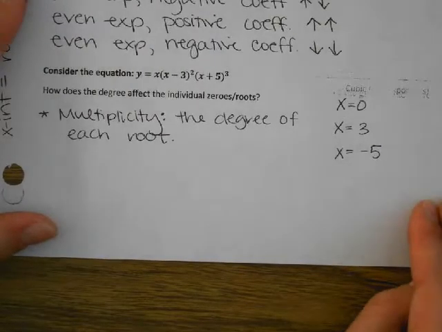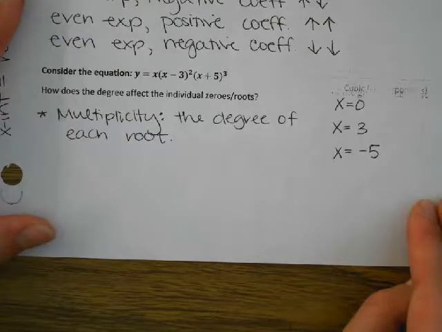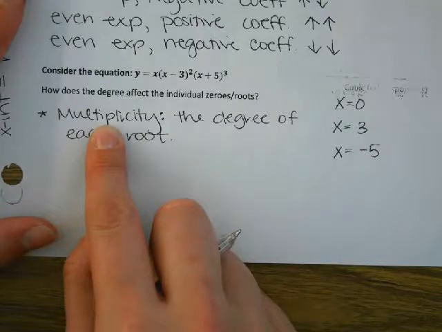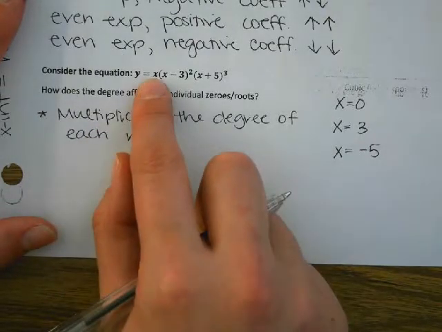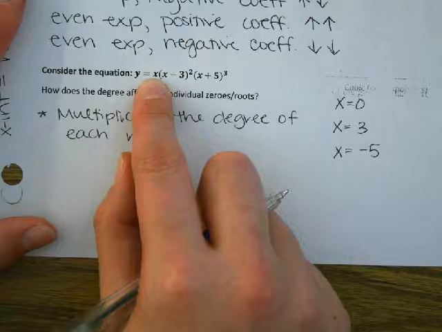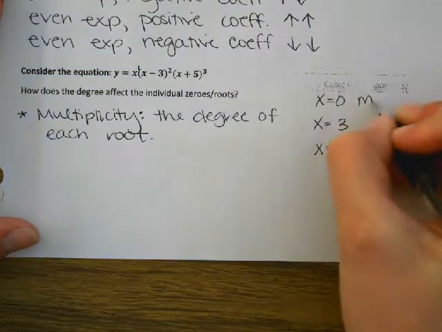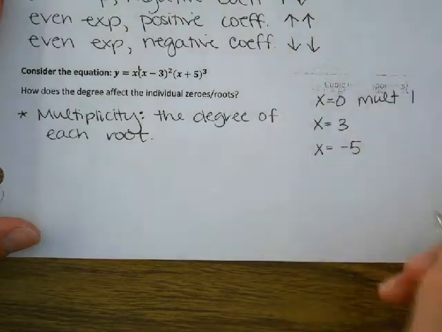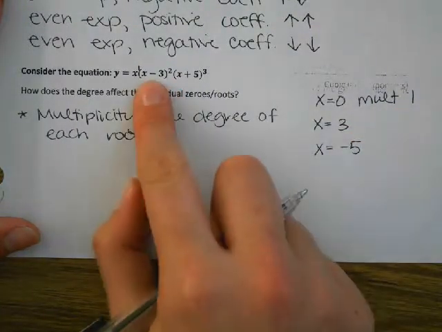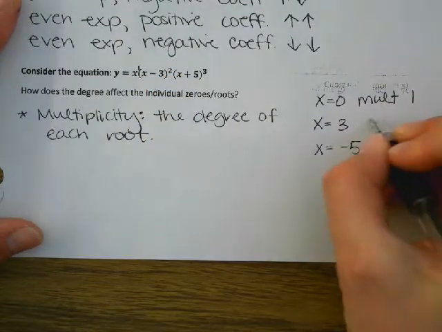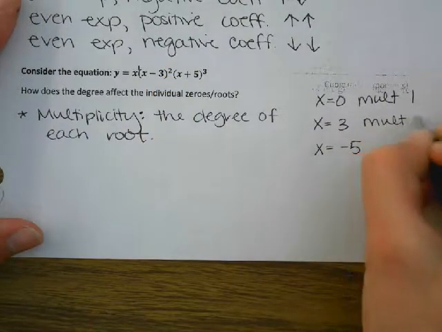And then for each of those, we have what we would describe as the multiplicity of each root, which is very similar to what we would think of when we think of degree. It's just the highest exponent for that root. So this x right here does not have an exponent, so we would normally put a 1 there. And so for x equals 0, I'm going to say that that has a multiplicity of 1. X minus 3 is to the second power, so I'm going to say that x equals 3 has a multiplicity of 2.